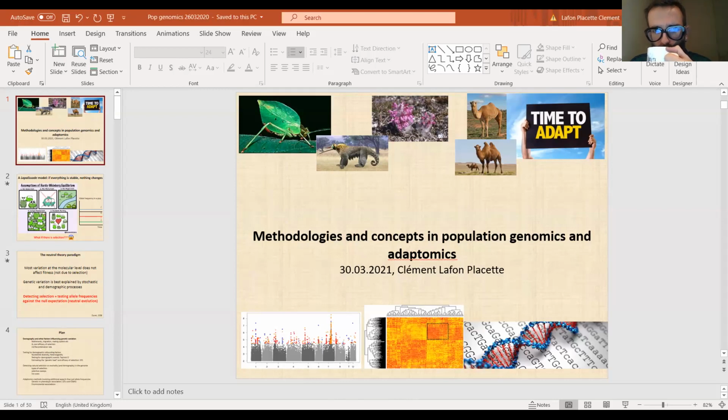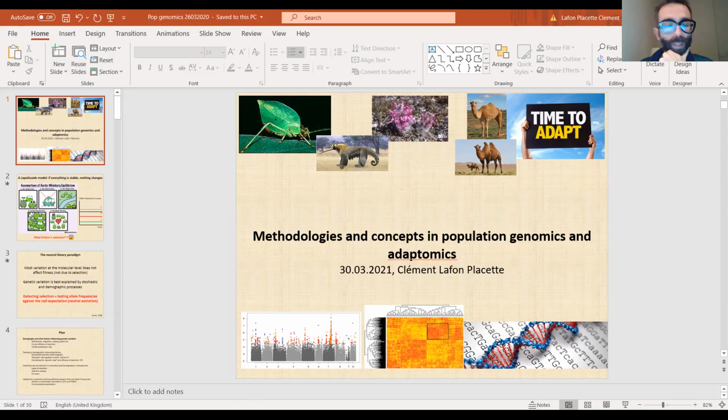with these concepts. So today we're gonna then talk about how we identify selection in populations in genomes, which is what we call adaptomics actually. Because surely one good thing that came with the genomic era is that we can really detect selection, let's say, in the whole genome.